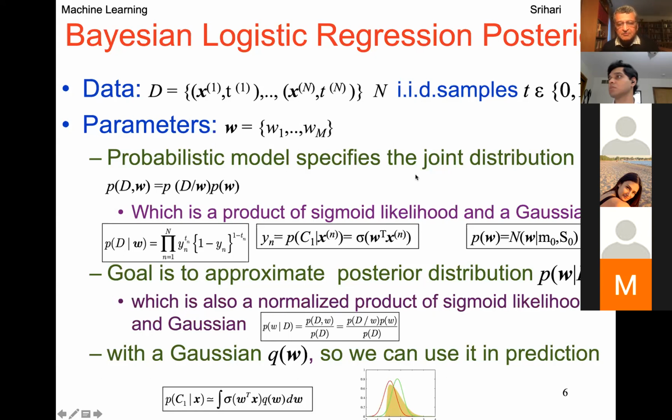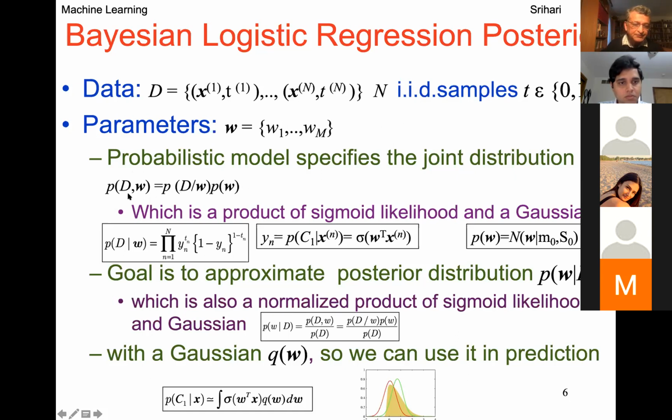And the probabilistic model specifies the joint distribution P(D, w), the joint distribution of all the observed data and the weights. For any pair of variables, we can write the joint distribution as P(D given w) times P(w).